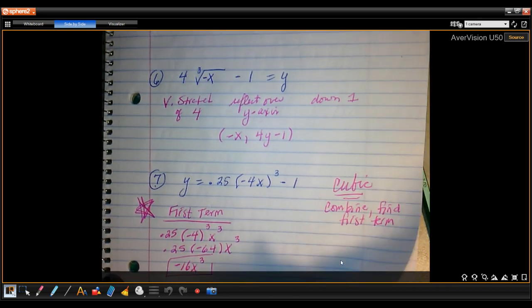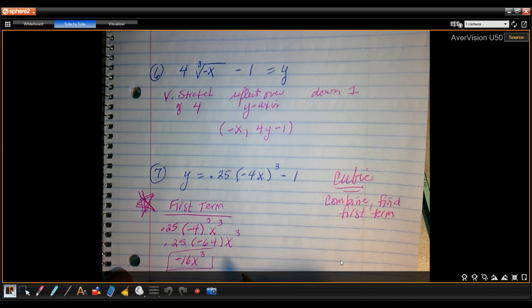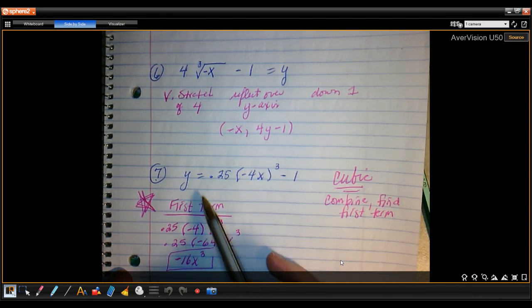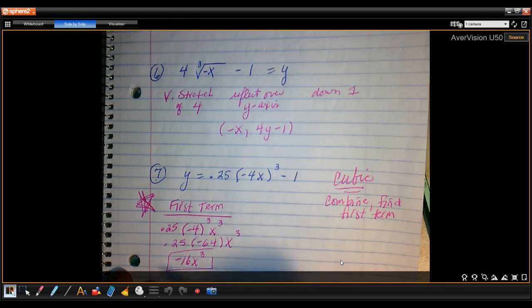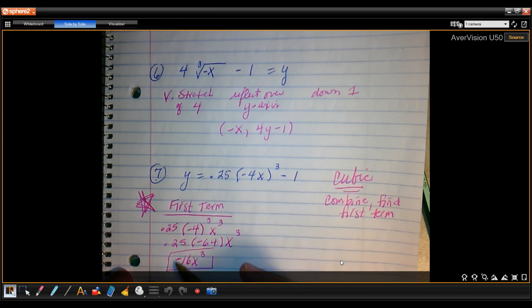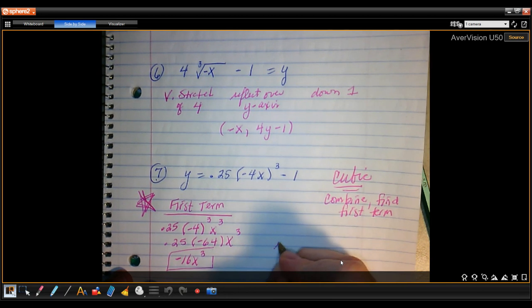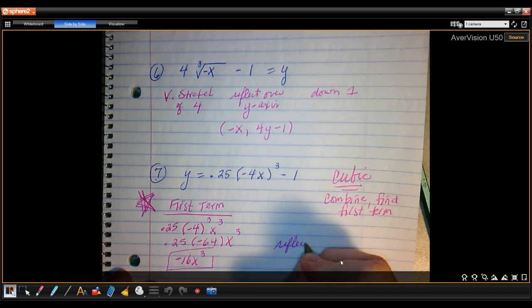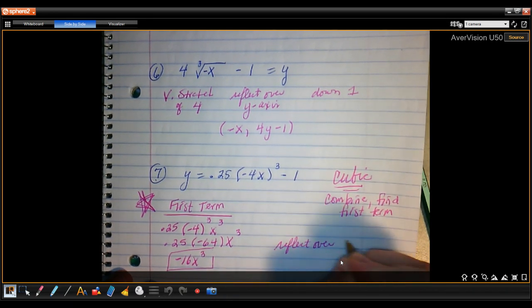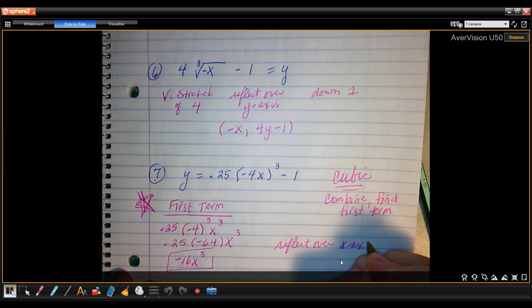So the first term, that negative 16, you can tell what's going on here. Now it's kind of changing our mindset. So it's outside. So negative 16x cubed is all of this. So what are the transformations? Well, now I've changed it. So it's negative 16x cubed. So it's going to be reflect over x-axis.